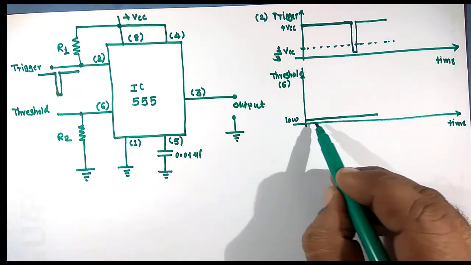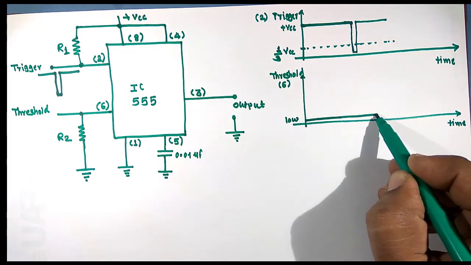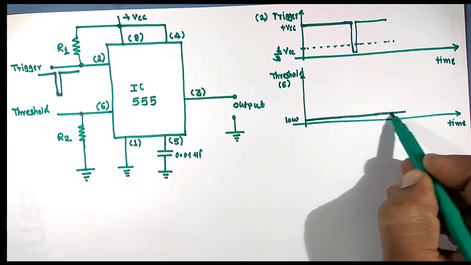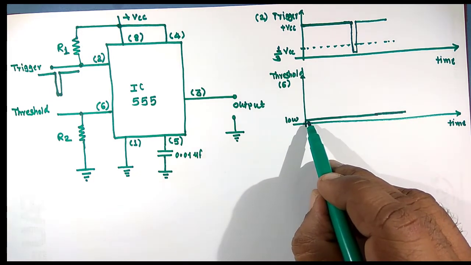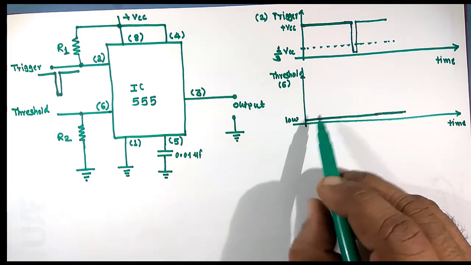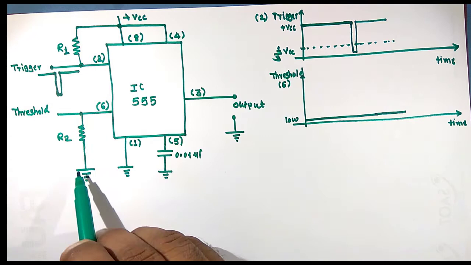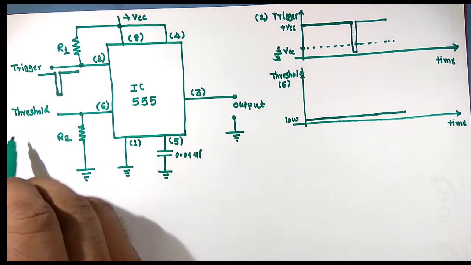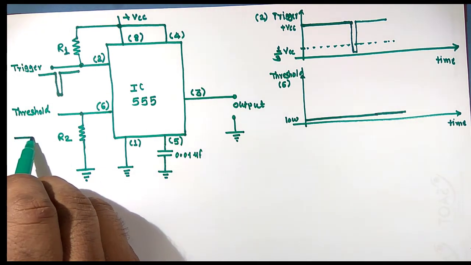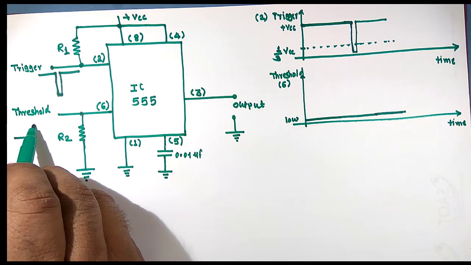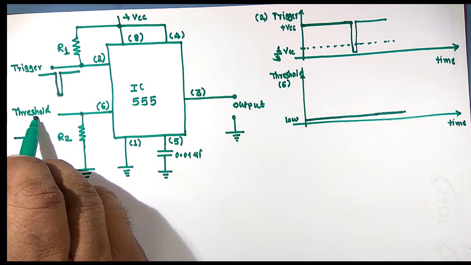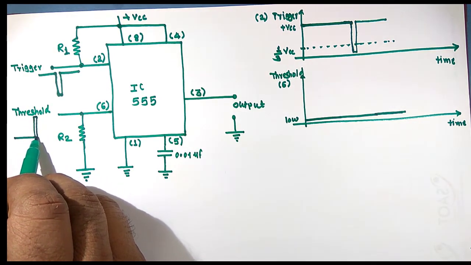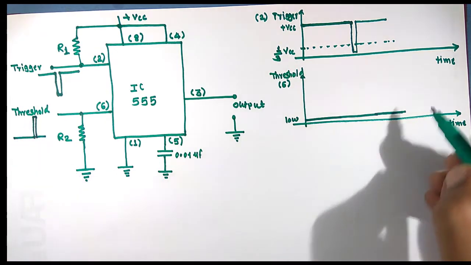In a similar manner, in normal situation when no threshold input signal is present, it is connected to ground. When threshold input signal is present, that is, the voltage at threshold input becomes slightly greater than 2/3 VCC.